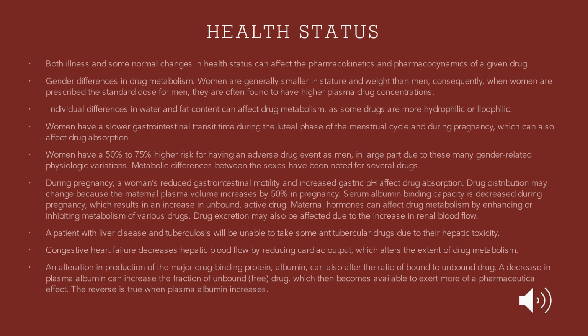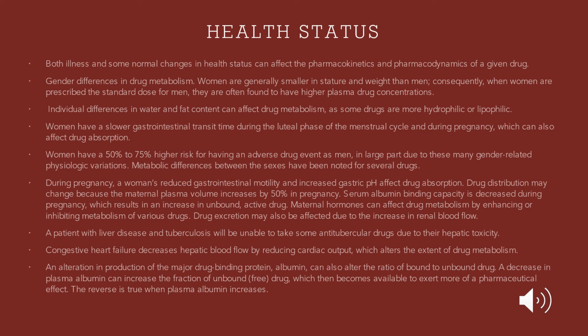For example, women metabolize diazepam, prednisone, caffeine, and acetaminophen slightly faster than their male counterparts. Conversely, men metabolize propranolol, chlordiazepoxide, which is Librium, and lidocaine, and other steroids faster than women.